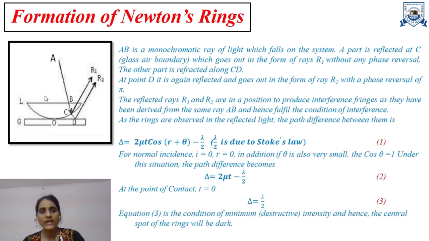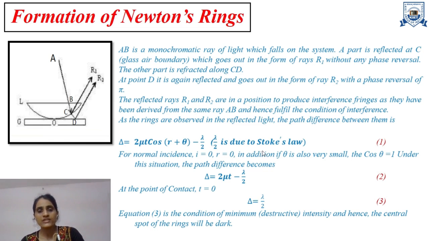Now in this whole experiment, we have a normal incidence. If we have a normal incidence, then angle i is equal to 0 and r is equal to 0. So my cos (r plus theta) term will reduce to cos theta because r is 0.